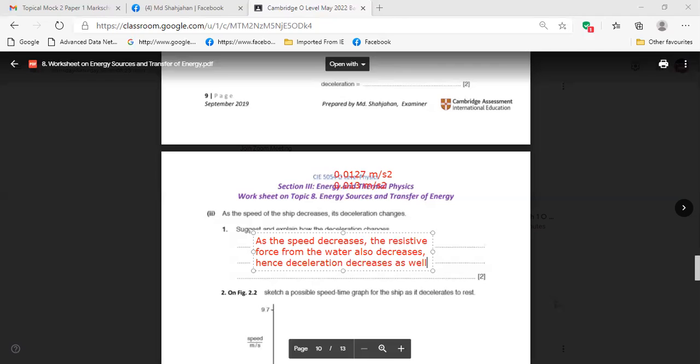Deceleration means slowing down. So if the resistive force is decreasing, then slowing down also will decrease, right? Have you understood? Yes, sir. Okay, very good.